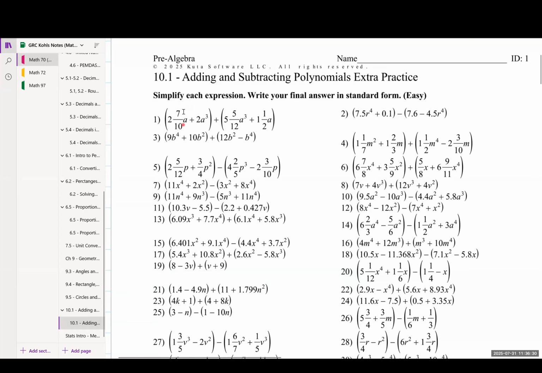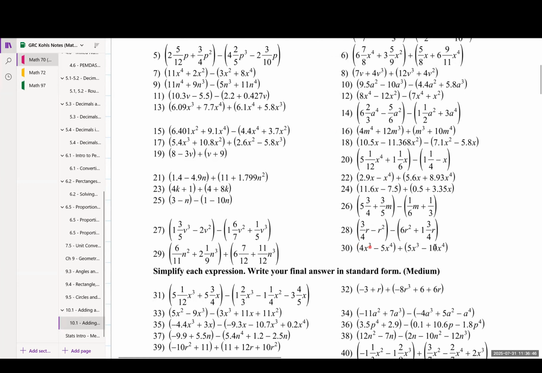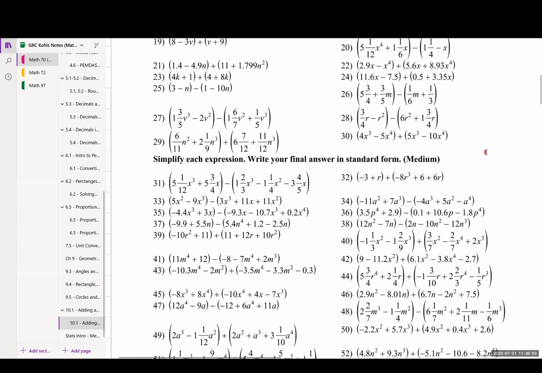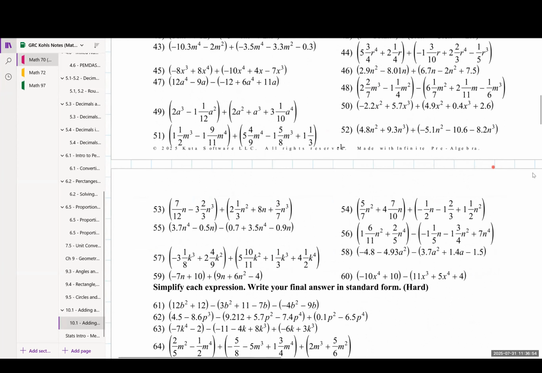So if you are seeing those, convert all of them into improper fractions first, and then solve the rest of it out accordingly. These extra practice ones have a mix of fractions, decimals, and integers within them. All I've done with these is increase the difficulty, with more things adding or subtracting within them as well.